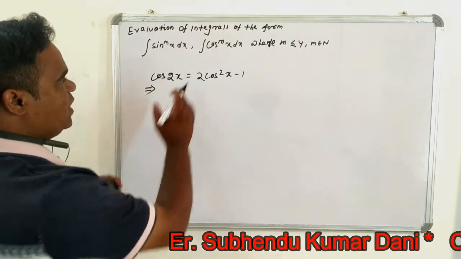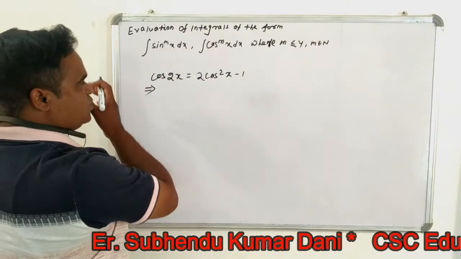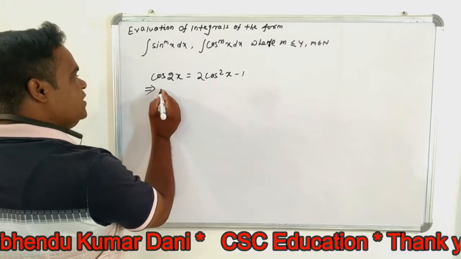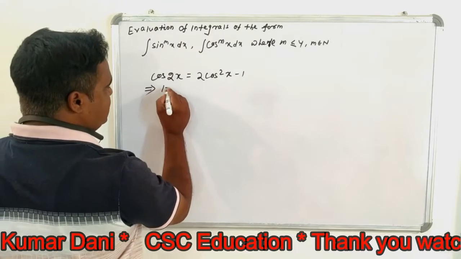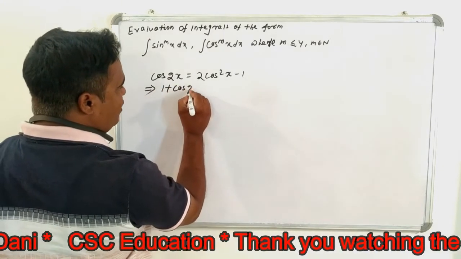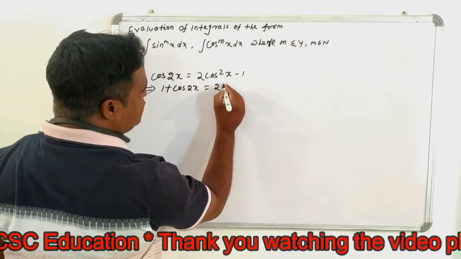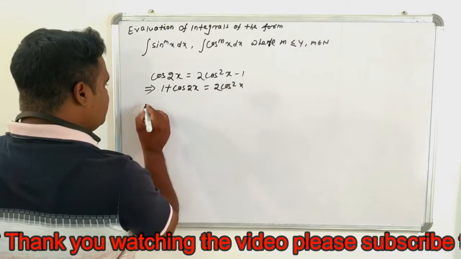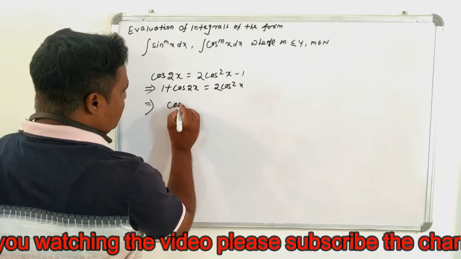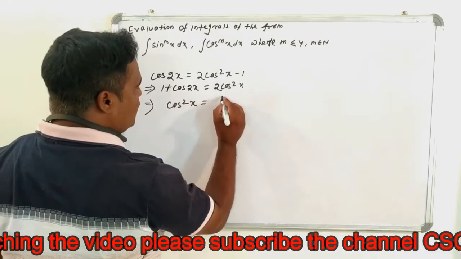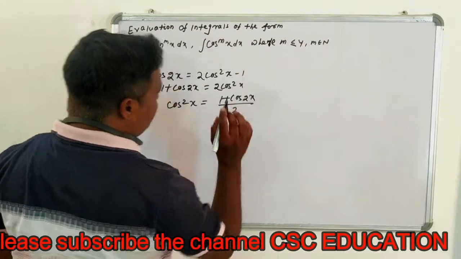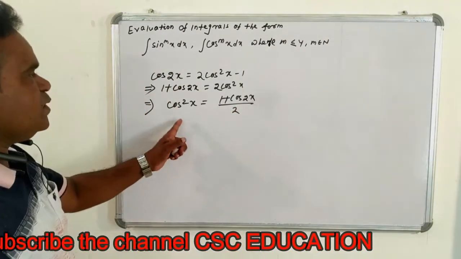The minus 1 moves to the left side, so we get 1 plus cos 2x equals 2 cos square x. So cos square x equals 1 plus cos 2x divided by 2. I am converting the cos square x.